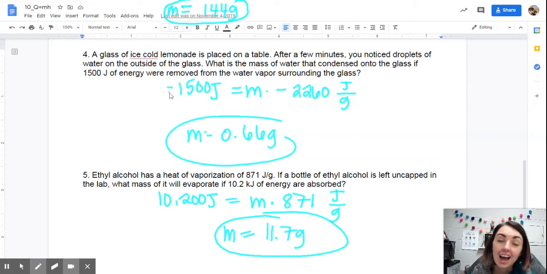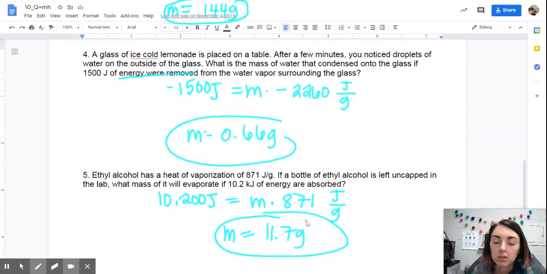Notice here how it's negative 1500 and negative 2260. That's the trick with that one: it says that energy was removed, so that means negative, and this is condensing, so that's negative. We can't end up with a negative mass, that wouldn't make sense. So that's how we deal with that.